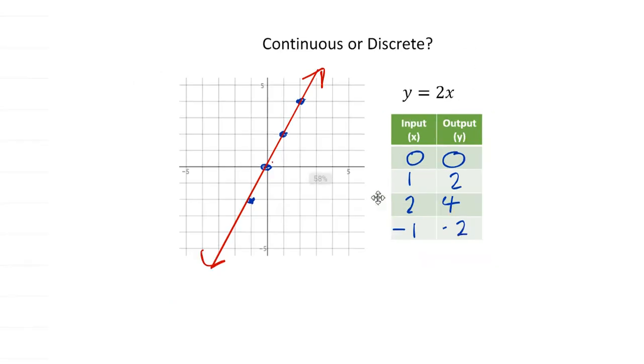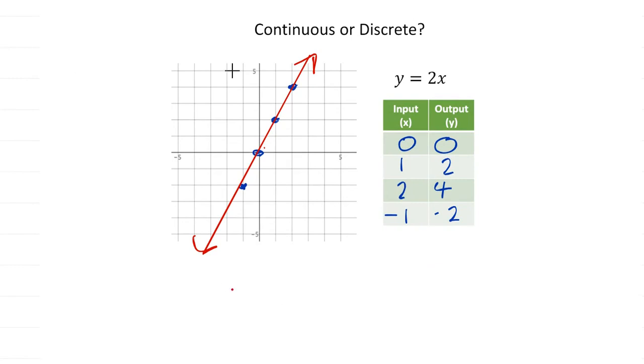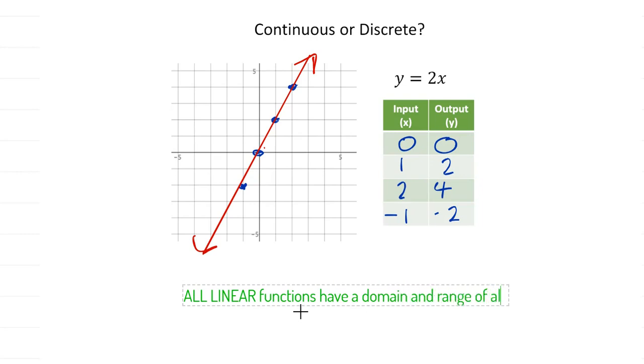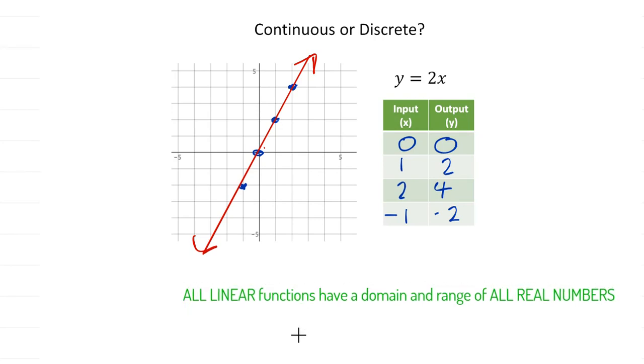Basically, let me generalize it with this. What I will tell you is actually important as well. All linear functions have a domain and range of all real numbers. What they'll say sometimes is negative infinity to positive infinity.